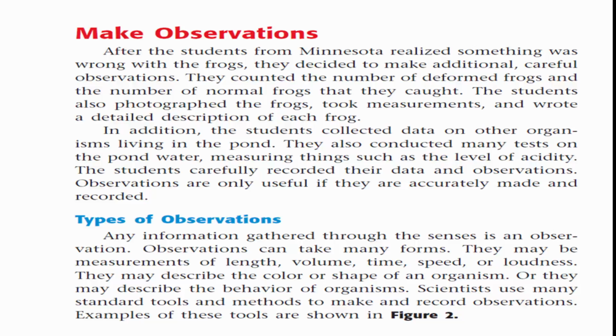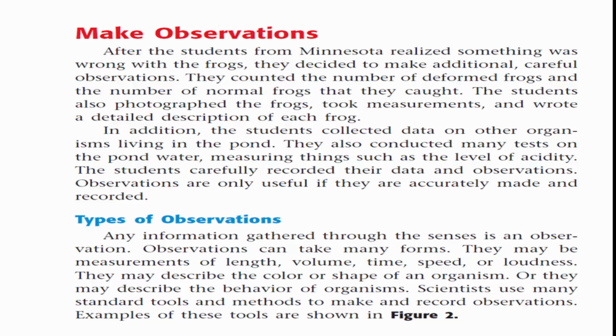In addition, the students collected data on other organisms living in the pond. They also conducted mini tests on the pond water, measuring things such as the level of acidity. The students carefully recorded their data and observations. Observations are only useful if they are accurately made and recorded.